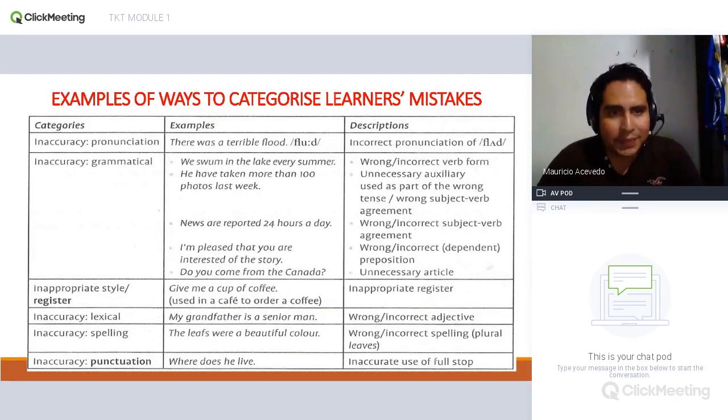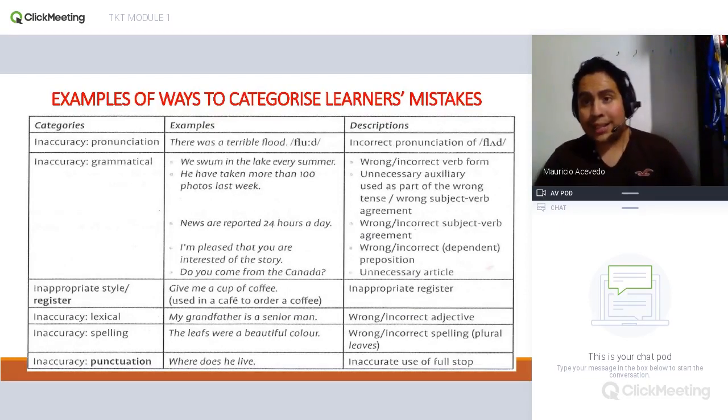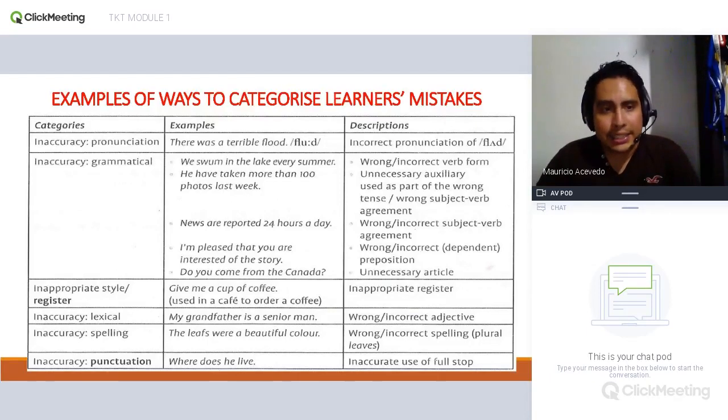Spelling. "The leaves were a beautiful color." No, leaves with VES, no FS. Remember that nouns that end with F, like knife, have to be with VES, no F. All right. So in this case, this is incorrect.